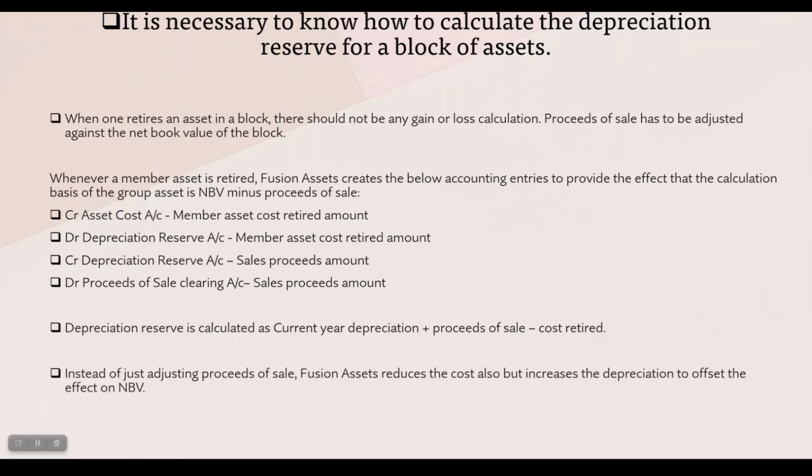Instead of just adjusting proceeds of sale, Fusion Assets reduces cost also but increases depreciation to offset the effect on NBV, net book value. This calculation is used to meet block depreciation requirements.